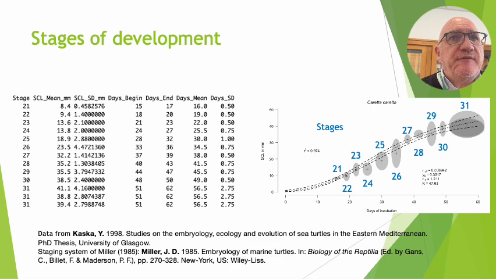This graph at the right is a graphical representation of this data with the stages which are presented, and the Gompertz model of growth fitted using a bivariate Gaussian distribution.